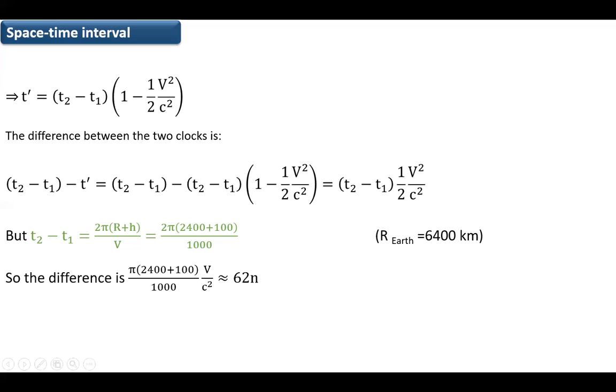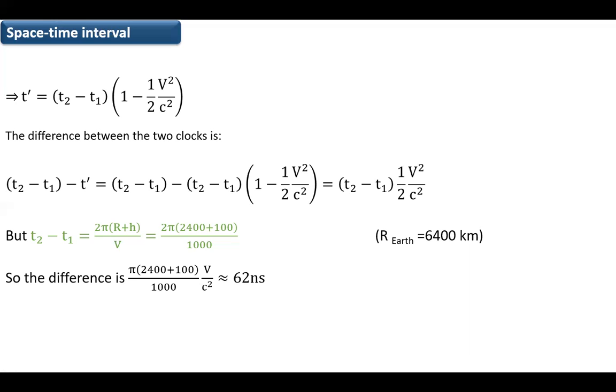So the difference between the two clocks is 62 nanoseconds. This is a real difference that was measured in reality experimentally. So with each turn around the Earth, the clock will give you a difference of 62 nanoseconds.